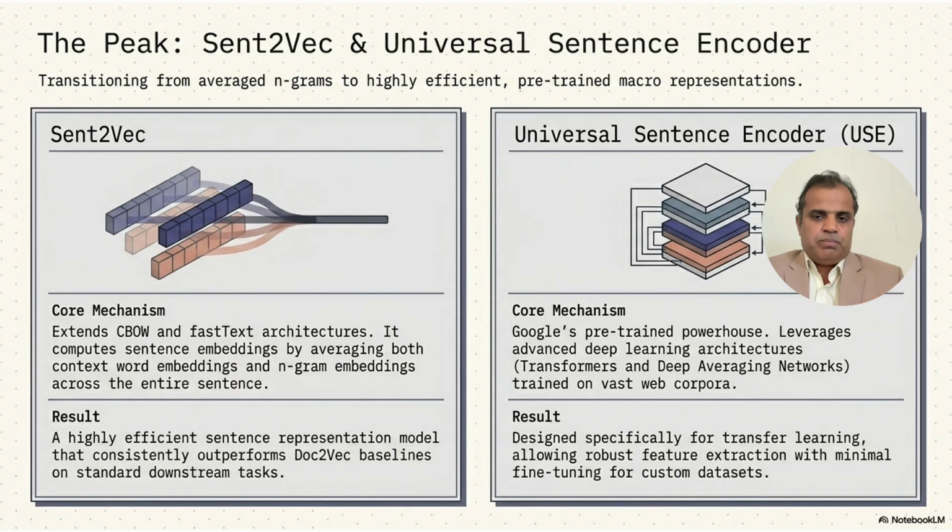This is a pre-trained powerhouse trained on vast web corpora using advanced deep learning like transformers and deep averaging networks. USE is designed for transfer learning. You can take this robust pre-trained model and apply it to your custom dataset with minimal fine-tuning. It represents the state of the art in fetching highly accurate sentence level embeddings at scale.